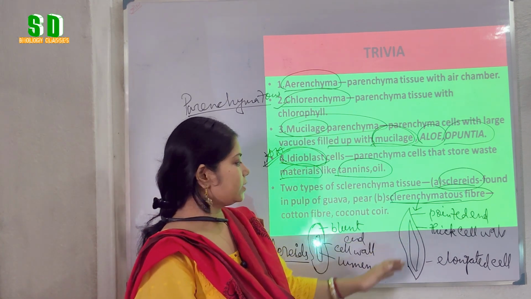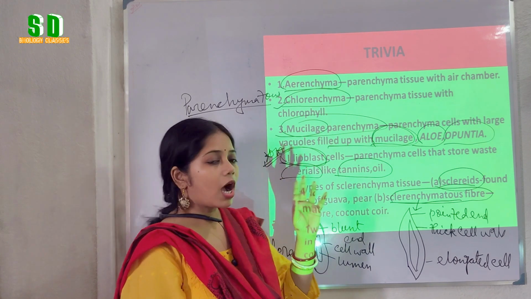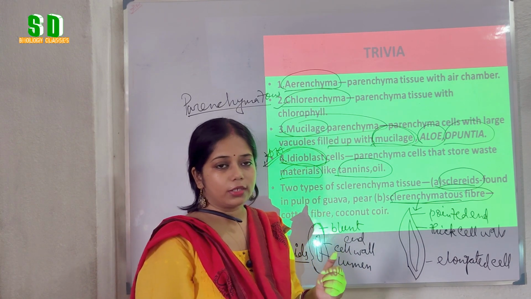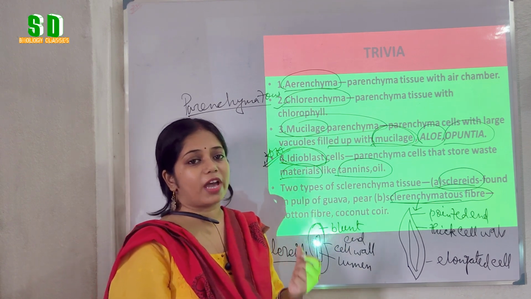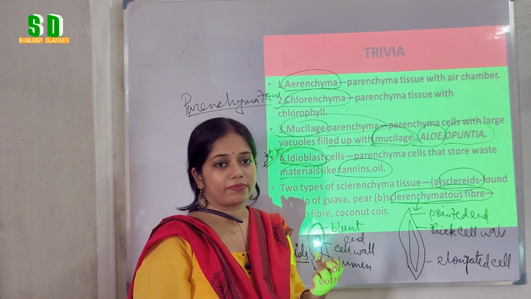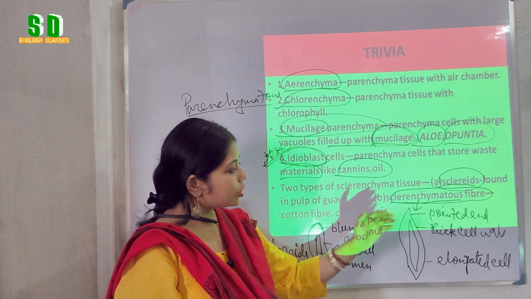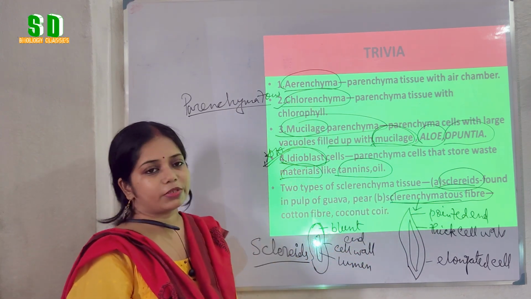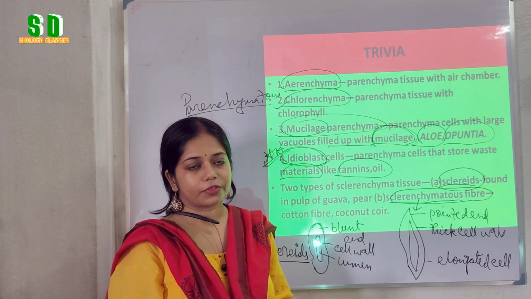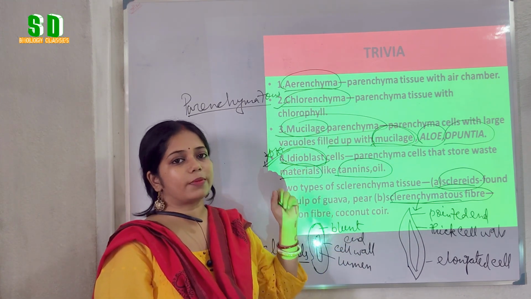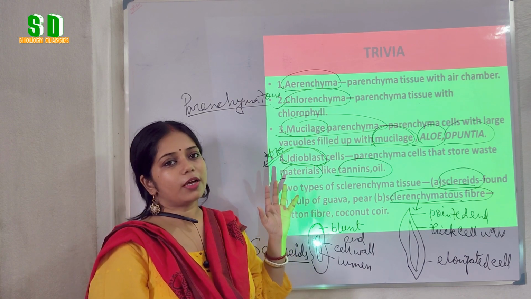Whereas the sclerenchymatous fiber is found in the outer covering of the coconut, called coconut coir, and also in the cotton fiber that we use, which is made up of sclerenchymatous fiber. So these are the different types of sclerenchymatous tissue. Students, from here you will get some extra information about the different types of simple permanent tissue.